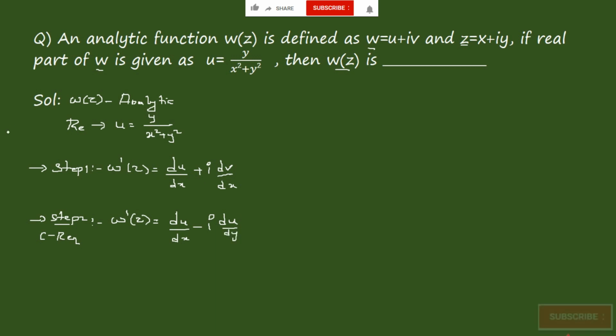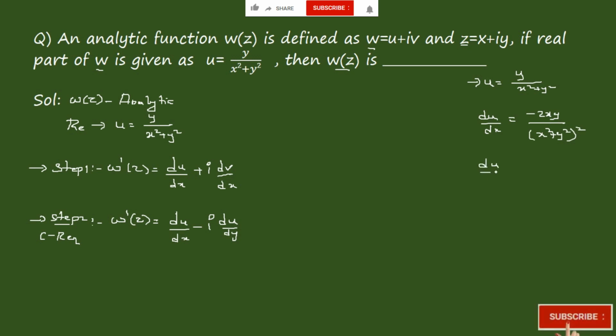Now let us find the differentiation of du by dx and du by dy. We know that u is equal to y by x square plus y square. Then du by dx, differentiating with respect to x, becomes minus 2xy by x square plus y square whole square.